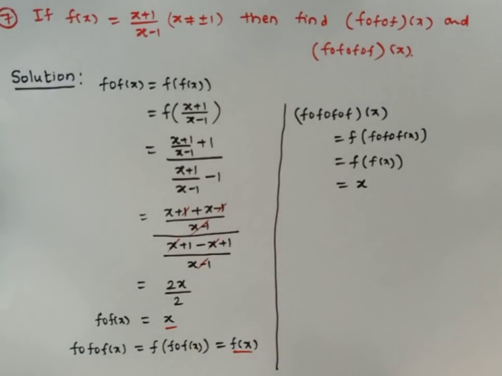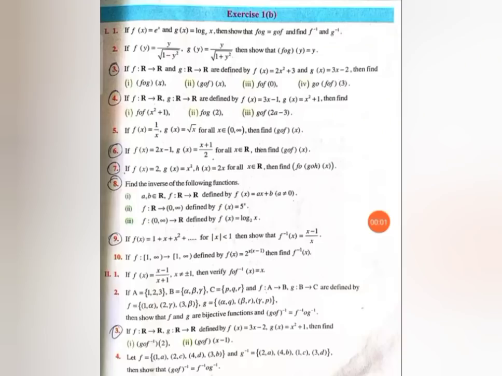So with this problem, exercise 1b is also done. So please do the remaining problems, the leftover problems in exercise 1b. These are the exercise 1b problems. Already we did 1 and 2.